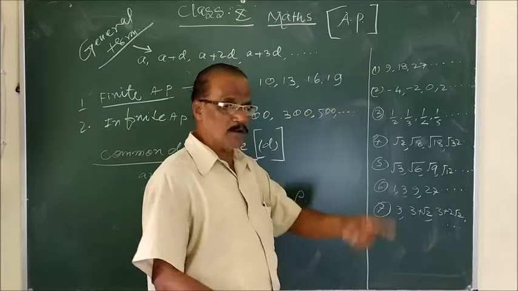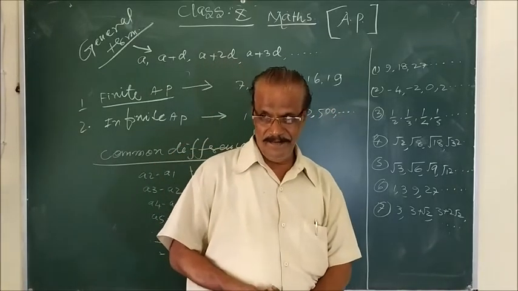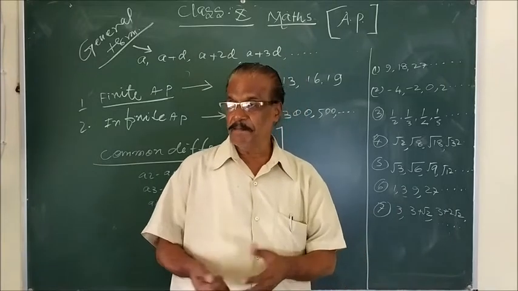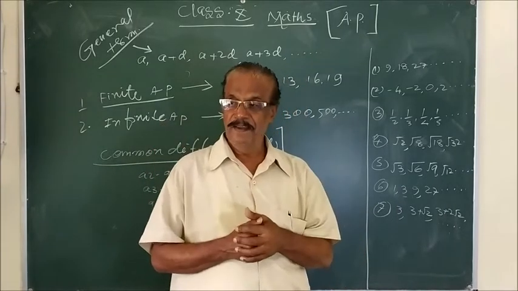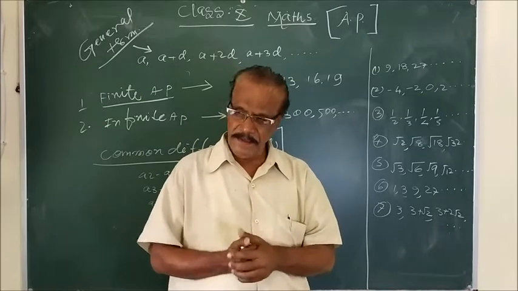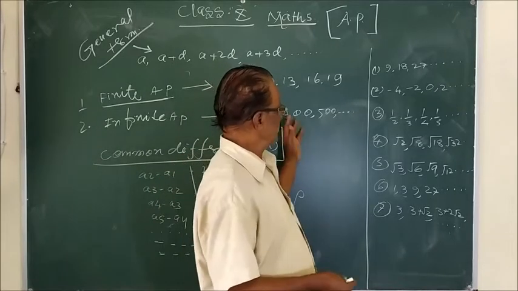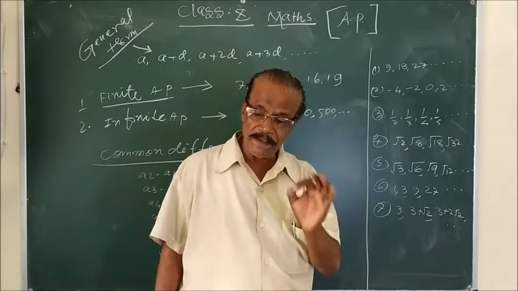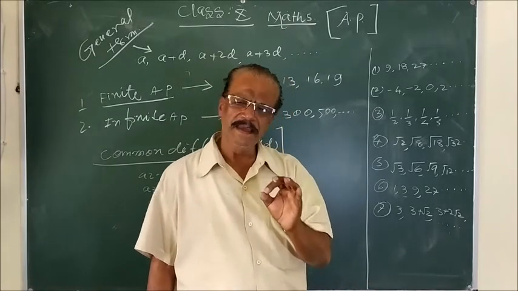But here we don't know what the last term is. If I ask you what will be the 100th term, what will be the 1000th term, you will learn in the next exercise. But now we are in a process to understand what an AP is.